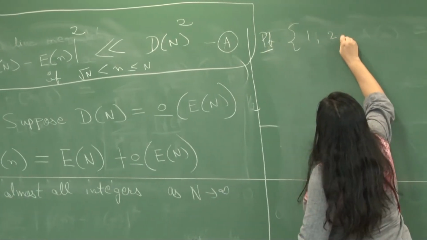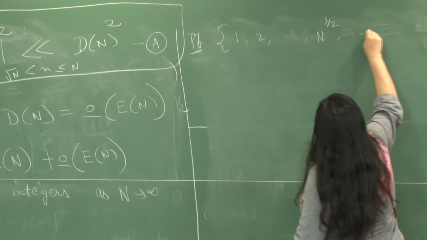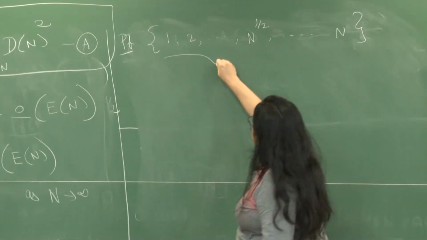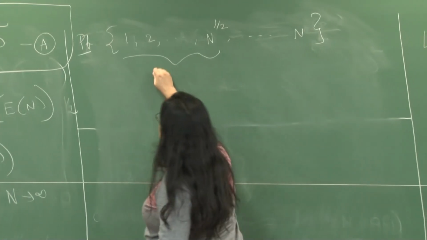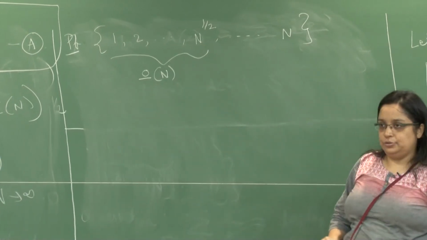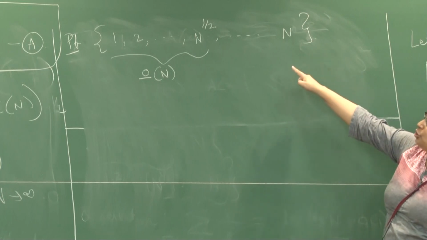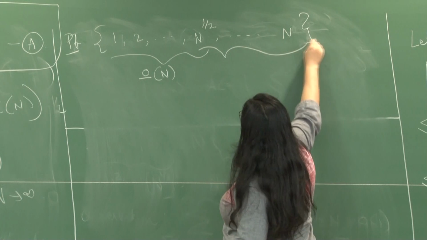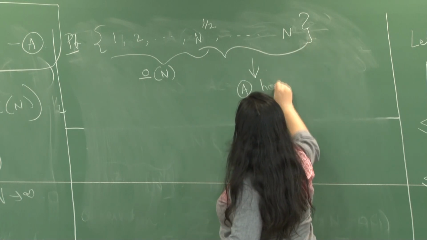So in the set, up to here, the number of integers is little o of N, because it is at most N to the half, and between N to the half and N we have just shown that A holds.